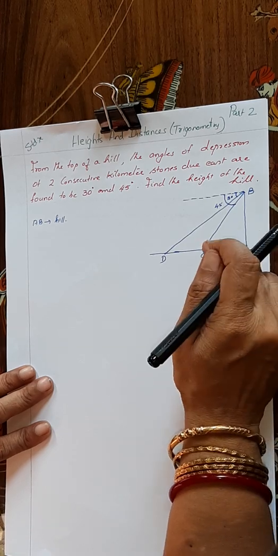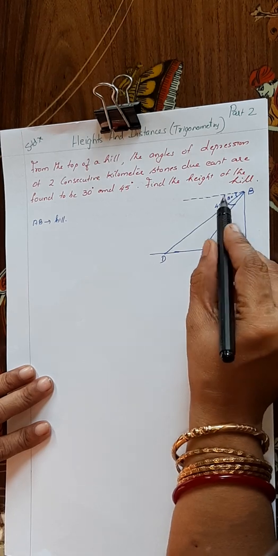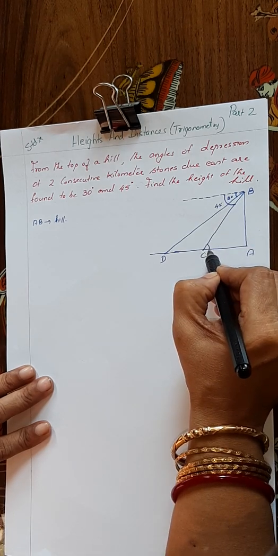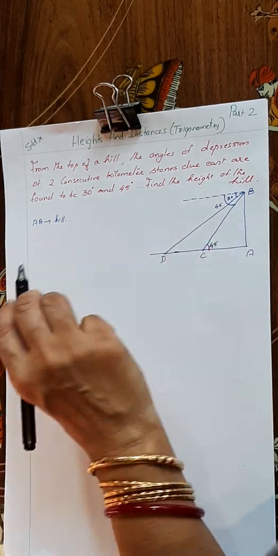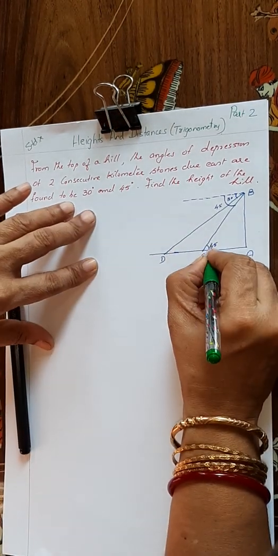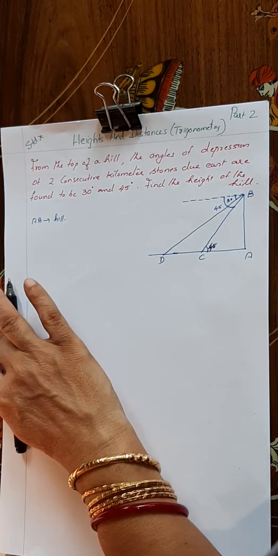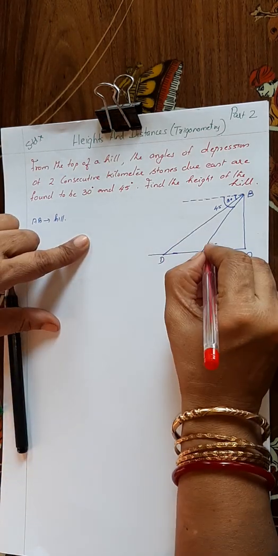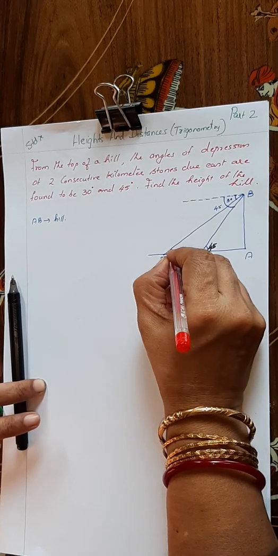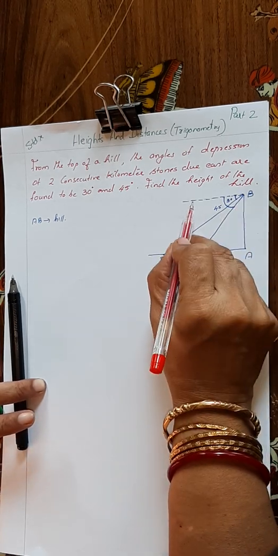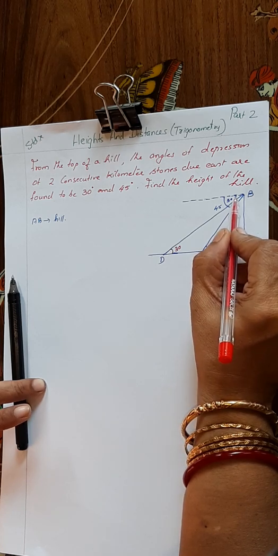Now these two lines are parallel, so we can write this angle as 45 and this as 30 degrees, because these two are parallel lines and this is a transversal, so alternate interior angles are equal.